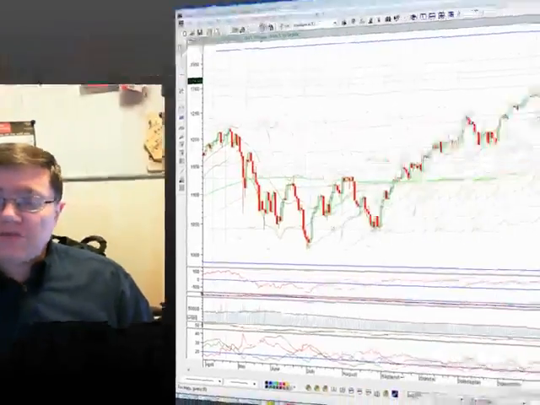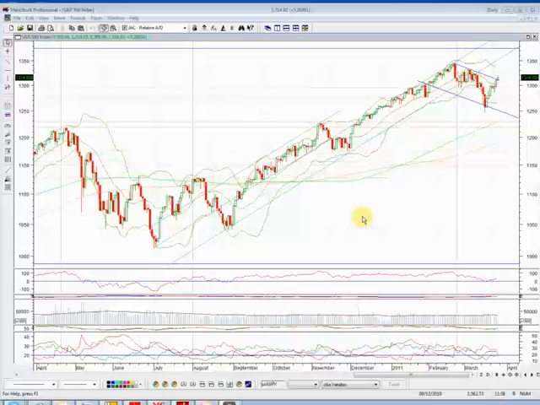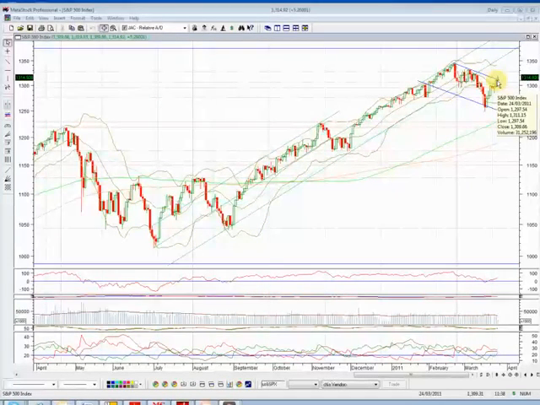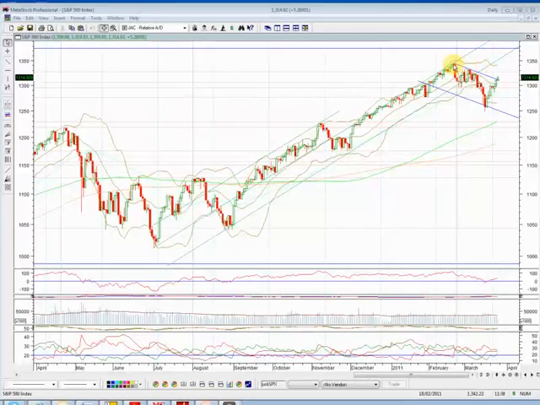So let's move to the charts and start with the S&P 500. Yesterday I mentioned that we reached a downward trend line, and if we break up, we'll most likely look for the former top.